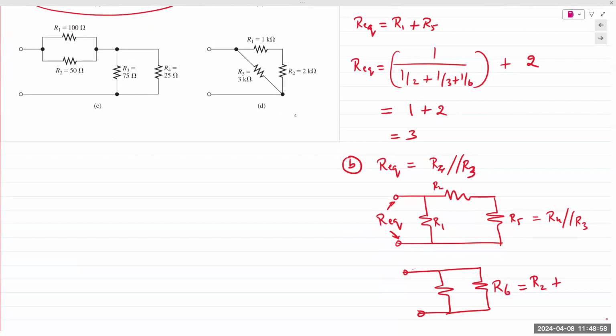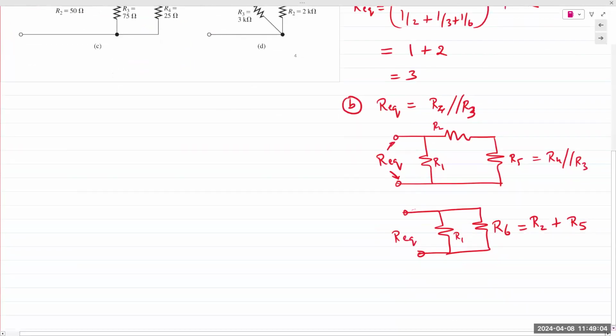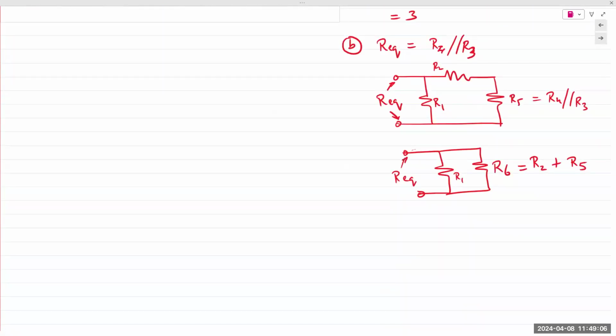R6 is R2 plus R5. And then my resulting REQ is finally R1 parallel with R6. Let me know if you have any questions.